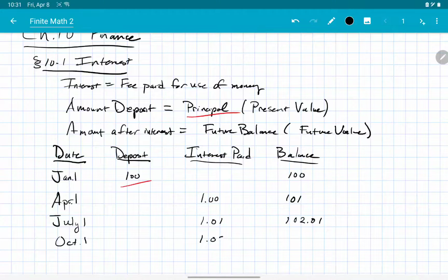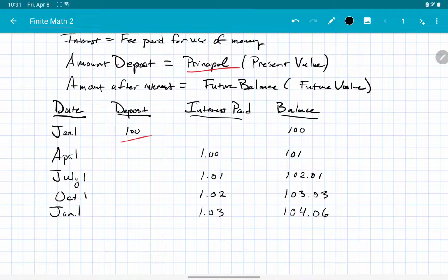This time it's going to be $1.02. Because it's 1% of $102. So now you have $103.03. And then the new year comes along, January 1st of the new year, we get an interest payment of $1.03, and our new total is $104.06.